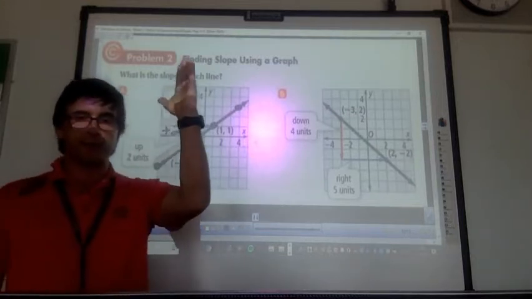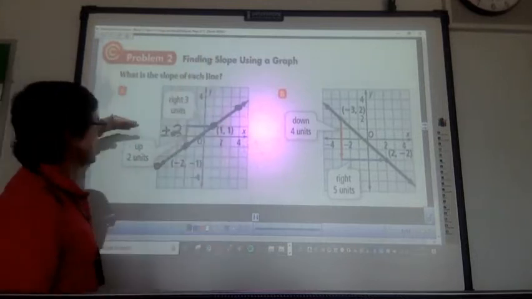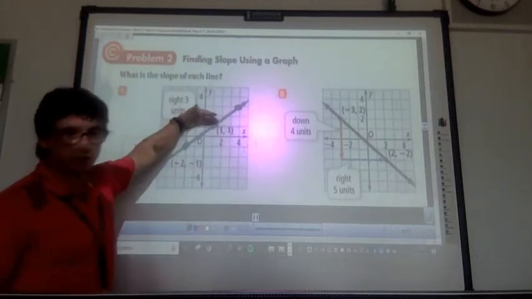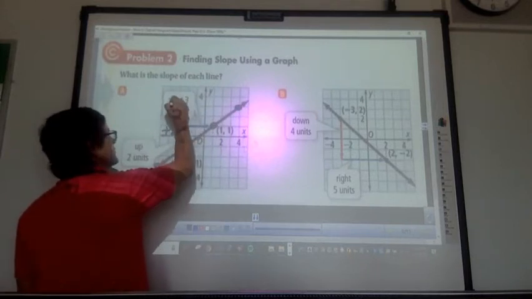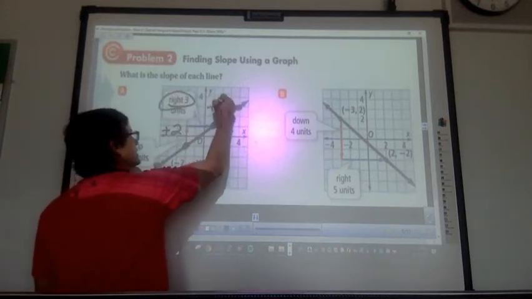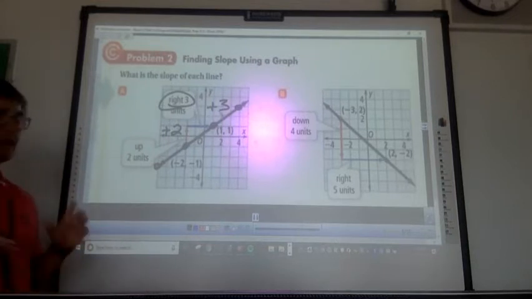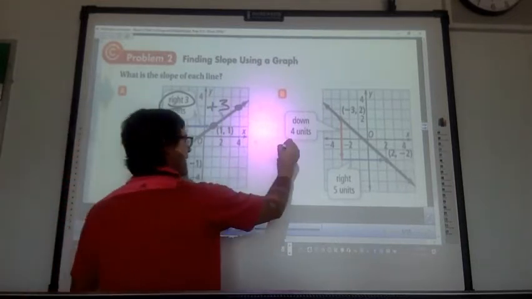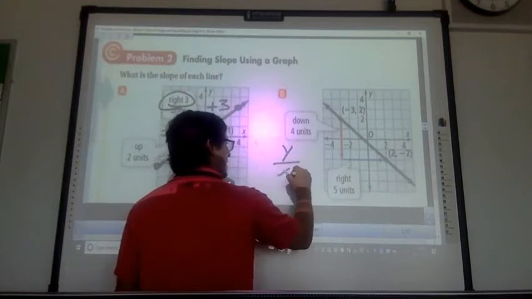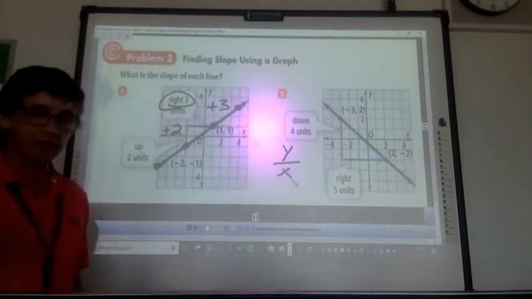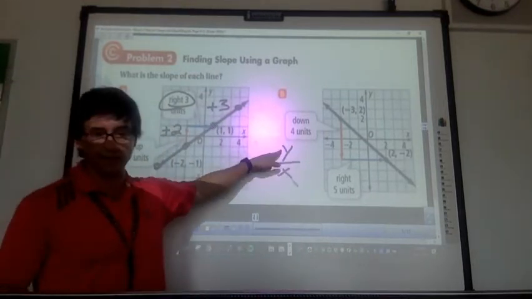If we go up, that's a positive direction. And if we go to the right, that is also a positive direction. So they say right here it goes right 3 units. So plus 3. It is always, always, always y on top, x on the bottom. Trick to remember that is just y to the sky.